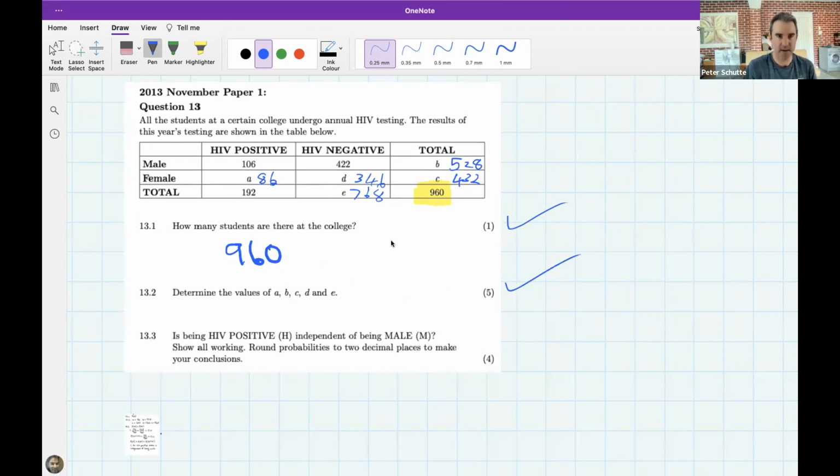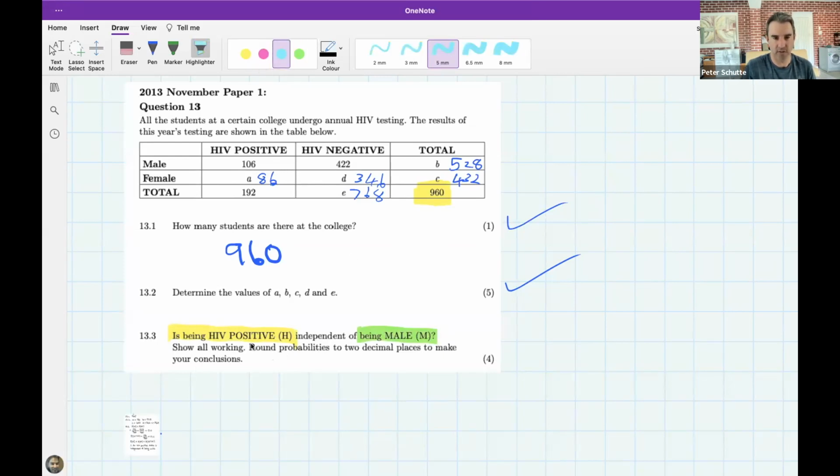Now we have to talk about independence. Let's look at the question. It says, is being HIV positive independent of being male? And it says round to 2 decimal places. This is actually quite important.